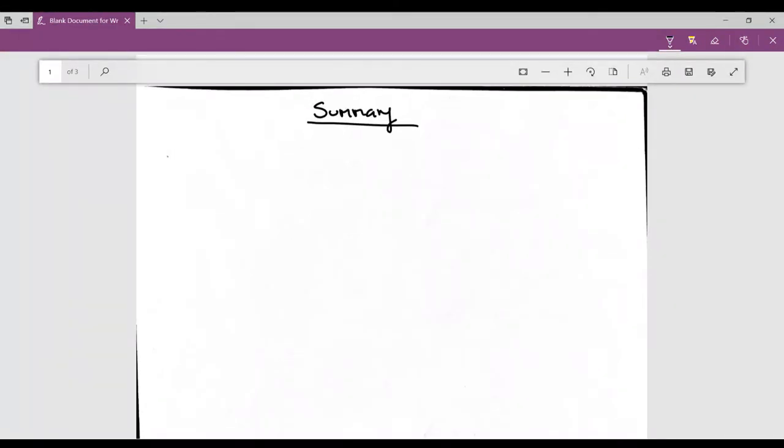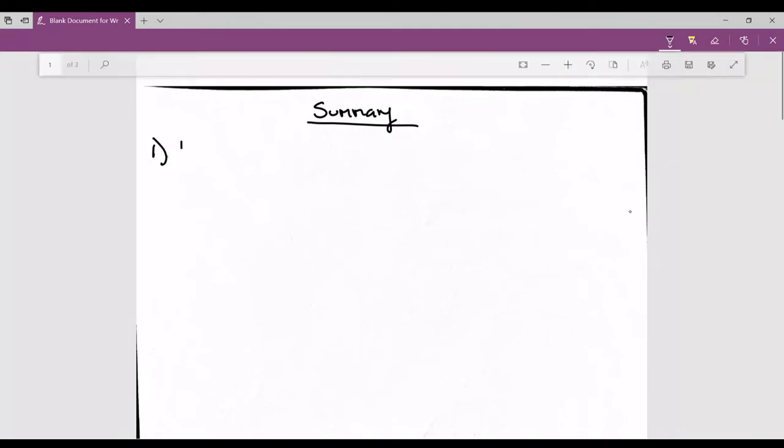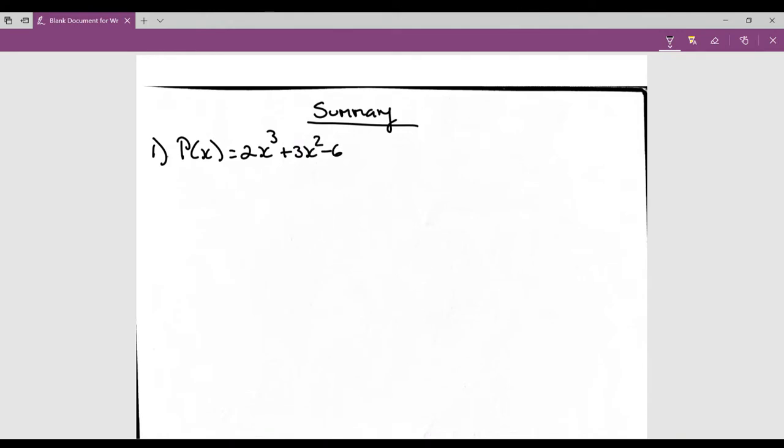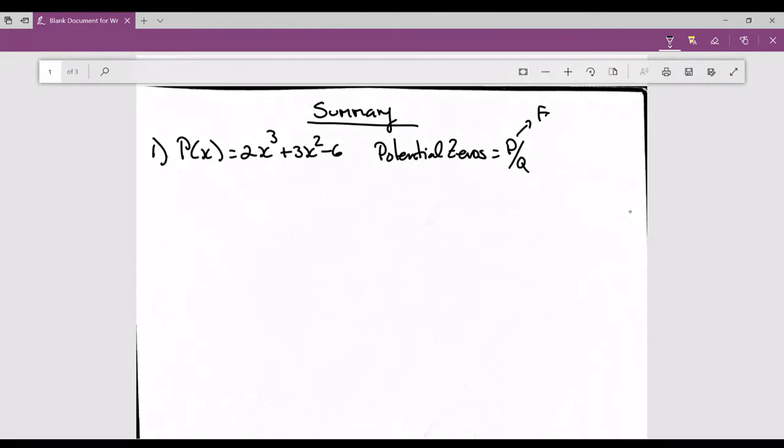So, if you have a polynomial, 2x cubed plus 3x squared minus 6, and I ask for the potential zeros, that's going to be p over q. If you remember, p are the factors of the constant term, in this case negative 6.